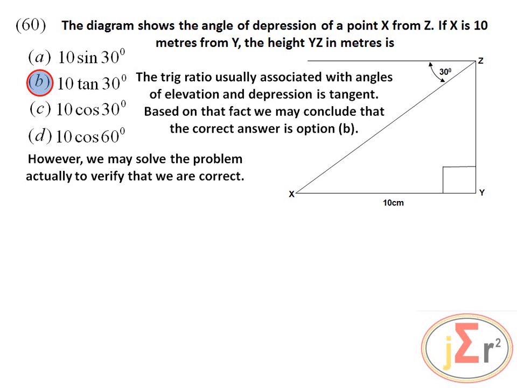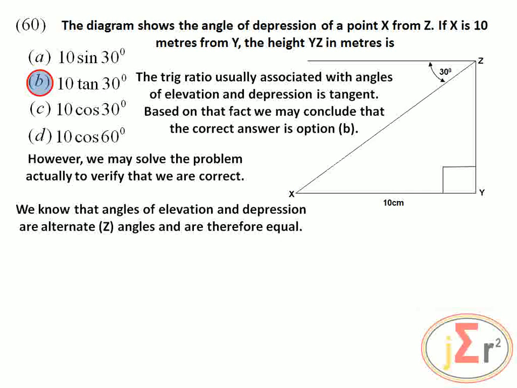We may be a little bit innovative in constructing a problem in which the trig ratio in an angle of elevation and depression problem is not tangent. So it is better for us to play it safe and go through the process.